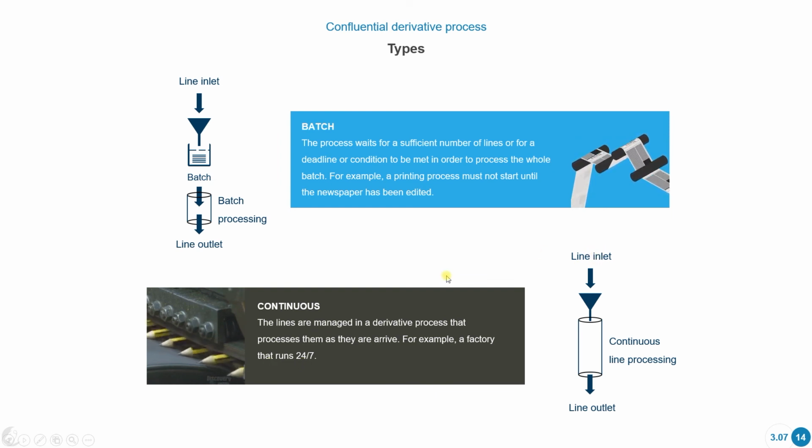So basically, every time we receive the wood, it enters the process and the process starts giving the treatment to the wood until it turns into a pencil. And this never stops, it's always running. So let's say we have confluential derivative processes that can work in batches. We create a batch and then we treat it. And in other scenarios, we want this to be continuous. So it's going to be always open, always processing lines.